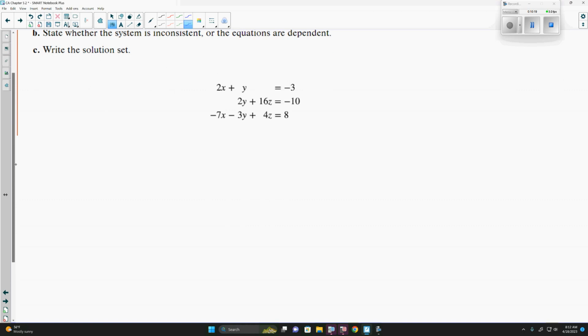Now, when we get to chapter 6, because chapter 5 and 6 are going to go together, there's only 4 sections in chapter 5 that we're covering, and then we'll get to chapter 6. And chapter 6 will deal with matrices. And with the matrices, we can do something called reduced row echelon form.